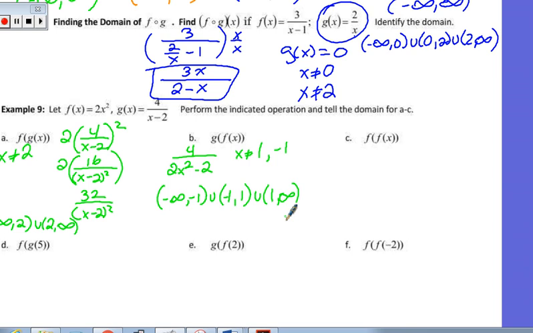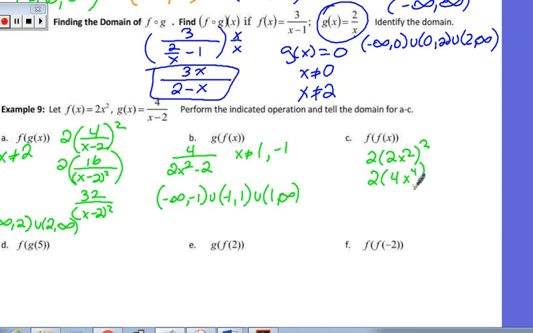Looking at c, now we're looking at f of f of x. So I'm going to take 2x squared and replace it exactly where I see that x. So it's going to be 2 times 2x squared squared. We're going to square what's inside here first. So that is going to get us 2 times 4x to the 4th.